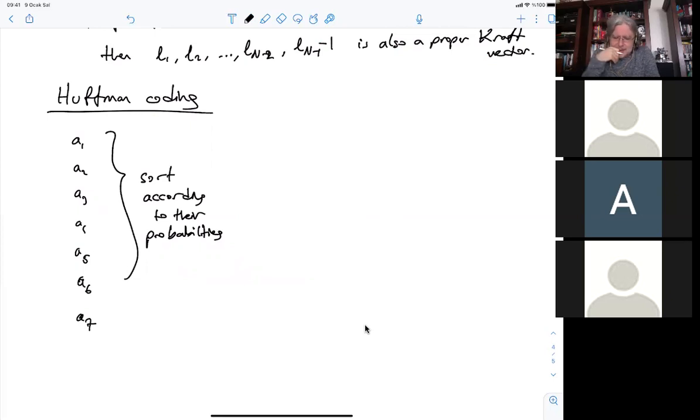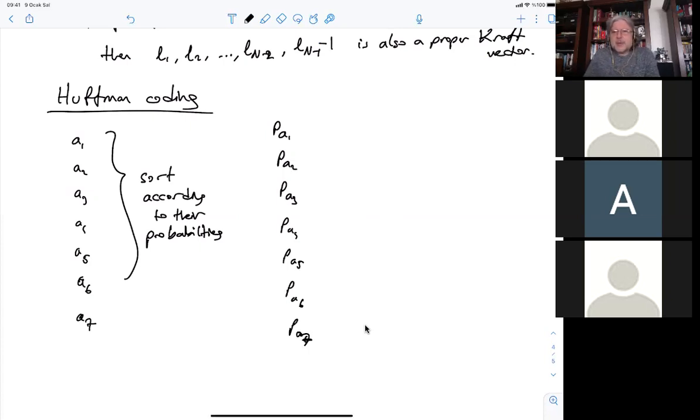That's not really how you do it. You don't have to sort. You can just find the smallest two probabilities and then merge them if you're writing a computer program. But for illustration purposes, this is PA1, let's say PA2, PA3. By saying P, I mean probability of A4, probability of A5, probability of A6, probability of A7.